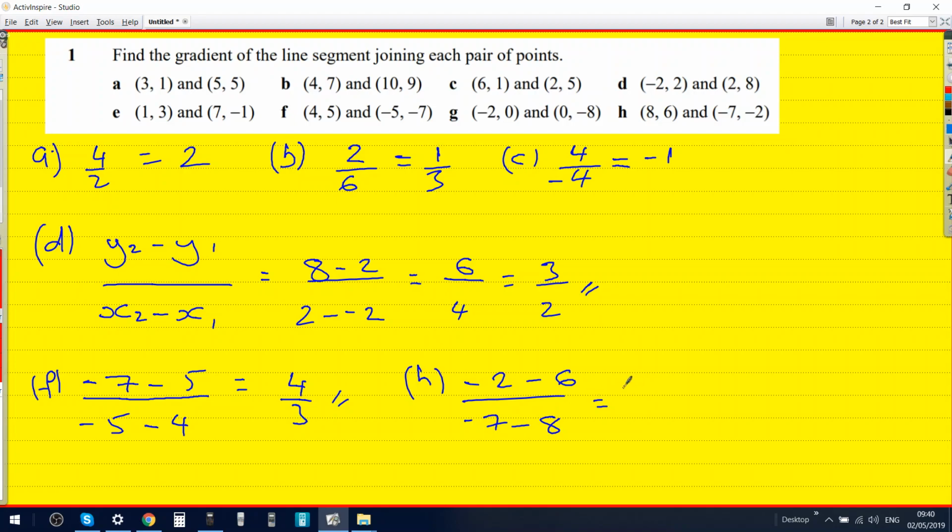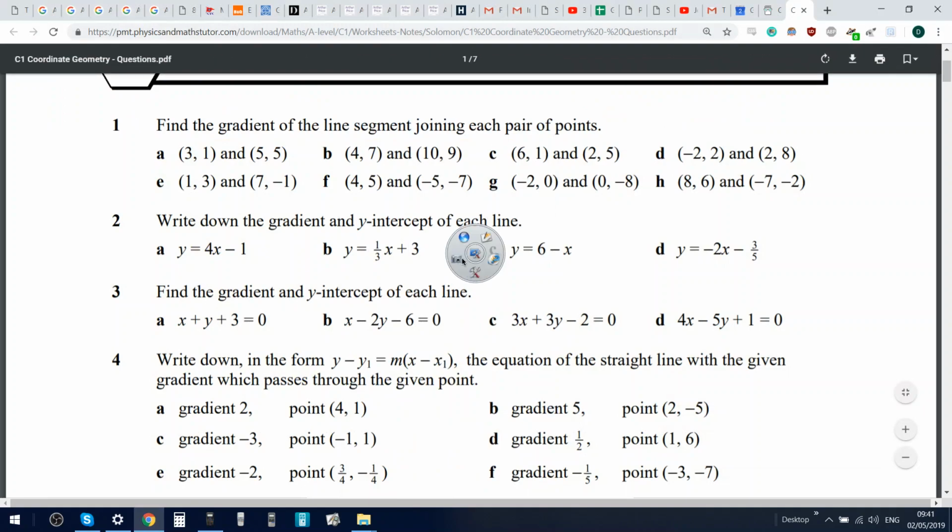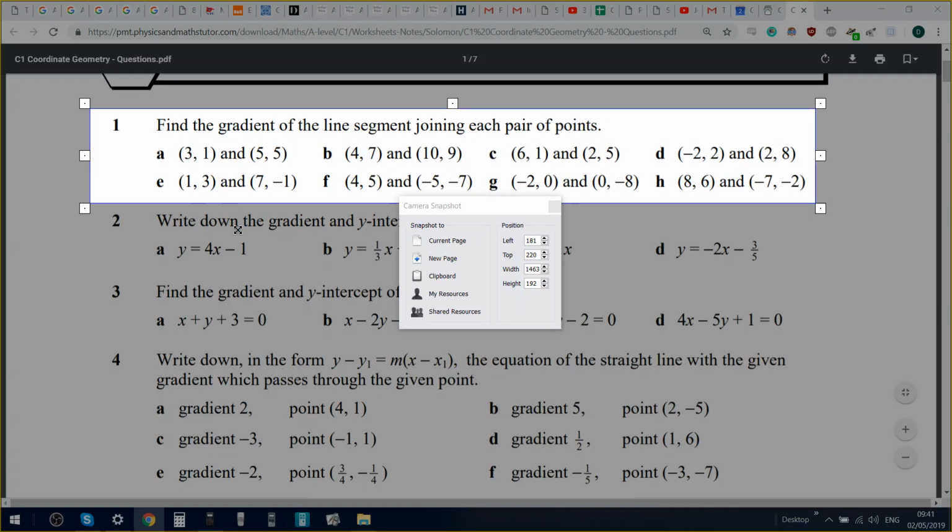So any questions about that? No, that's alright. Okay, so that's how you get the gradient of a line segment between 2 points. Difference in y's over difference in x's, and it's basically how many up over how many right.